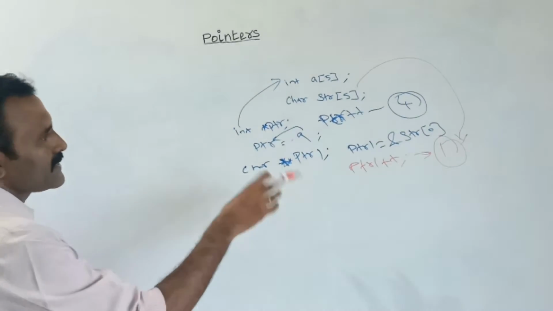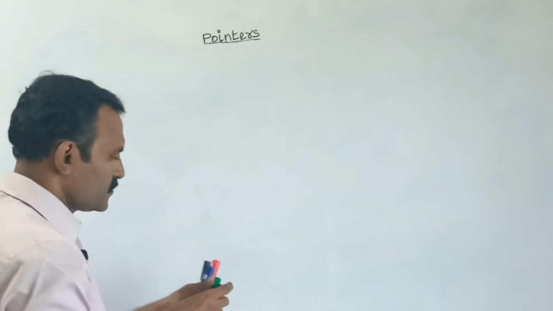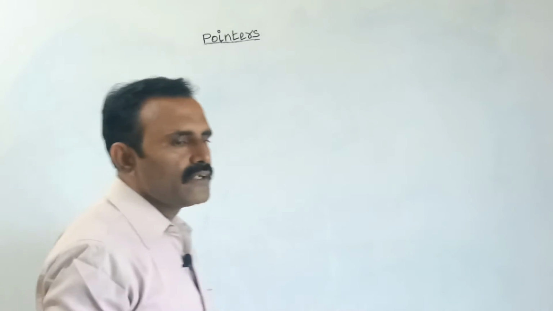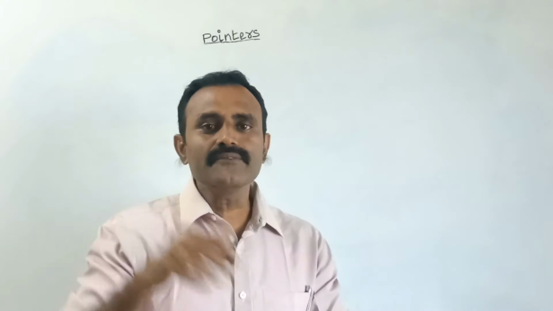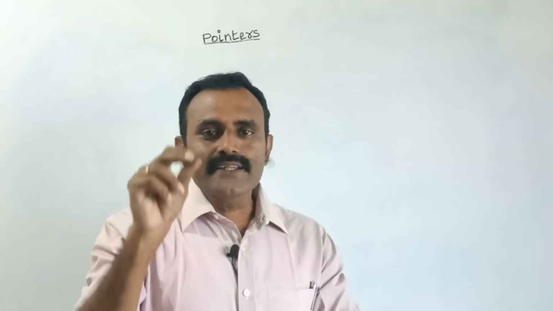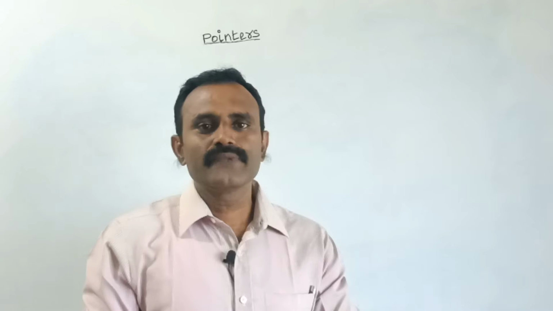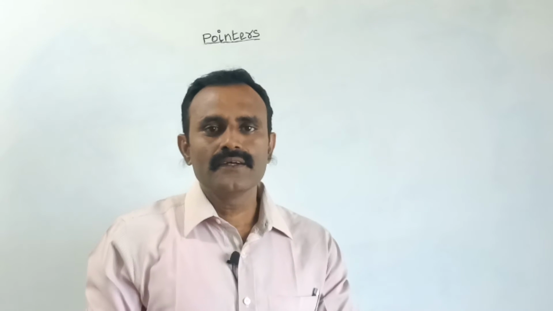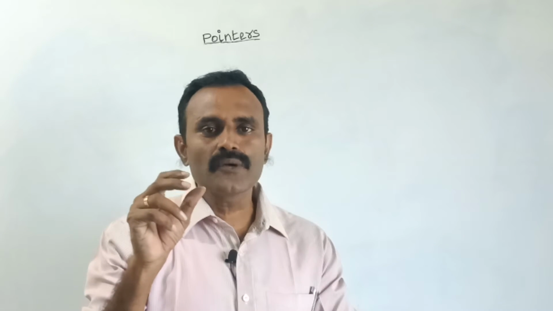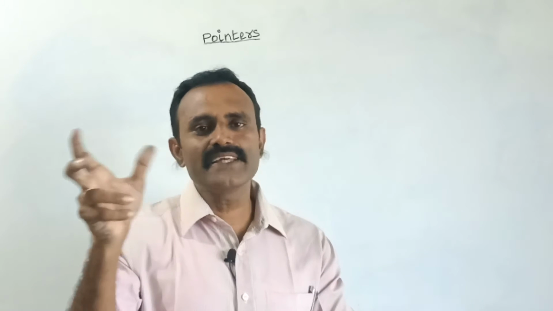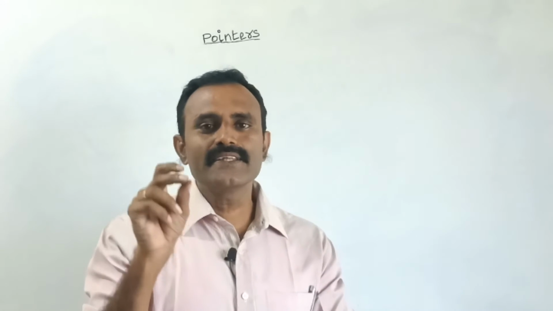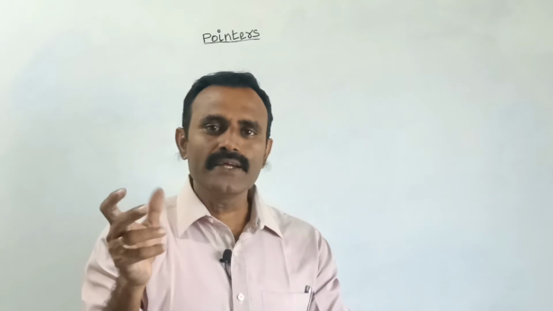Now let us see some examples. You should remember this: whenever we are storing a string, at the end of the position it will allocate the backslash zero, that is the null character. We use the backslash zero to identify the end of the string, so it will be allocated by C itself.